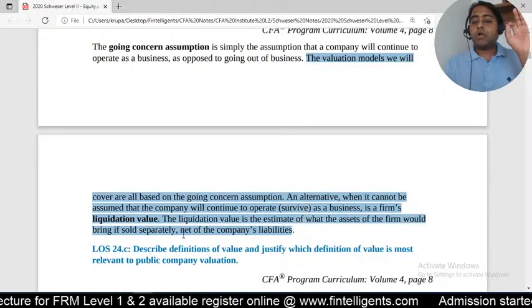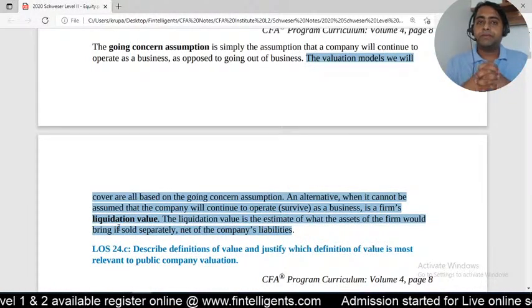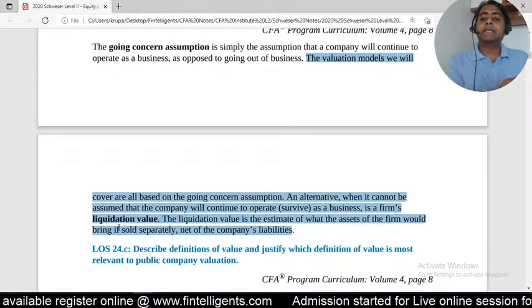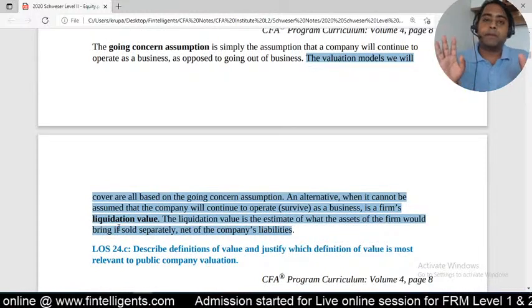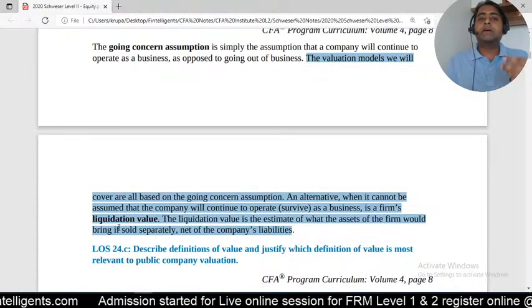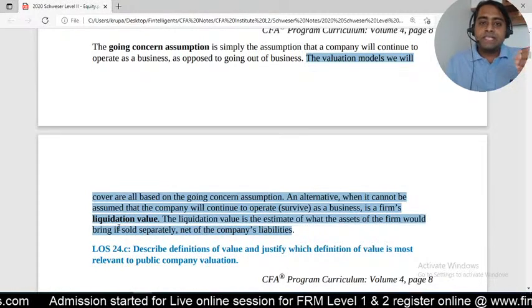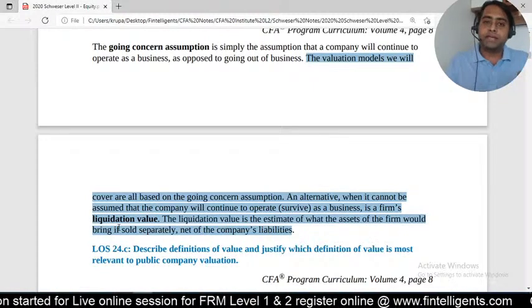Now, they have also highlighted a situation called liquidation value. Liquidation value is basically the value of the organization when the company is about to go bankrupt. That is where you calculate the value of selling the asset immediately, which means liquidating the asset.